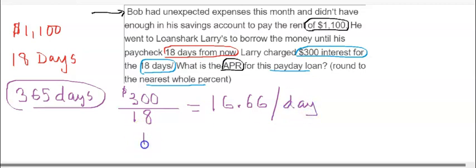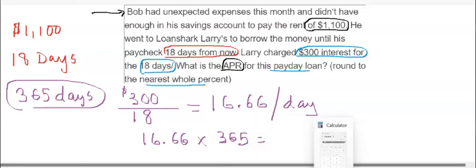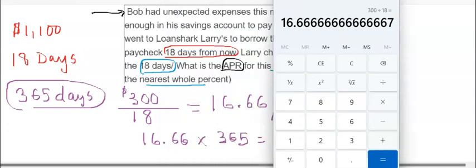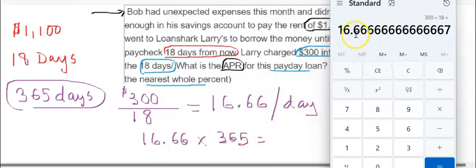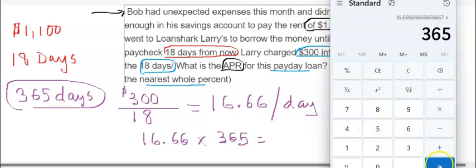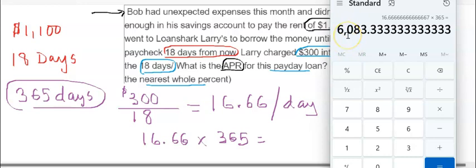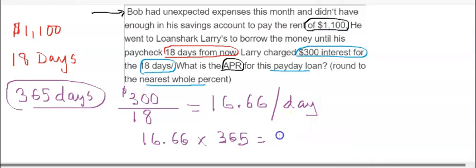Now I'm going to take 16.66 and multiply it by 365 days. Let's say Bob decided to pay the money a year later, 365 days later. How much would he owe Larry in total? We take 300 divided by 18, which is $16.66, multiply that by 365, and that gives us a total of about $6,083.